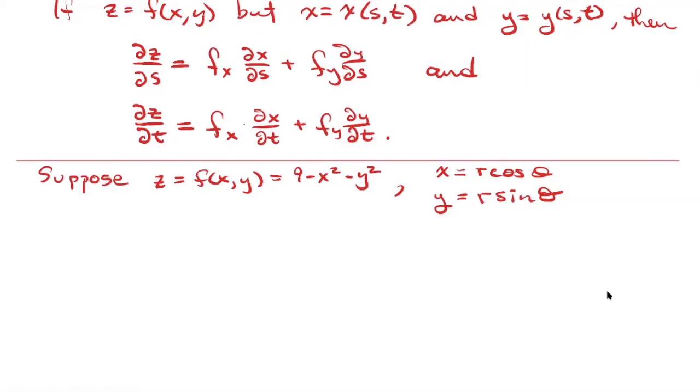So the partial of z with respect to r is going to be f_x times the partial of x with respect to r plus f_y times the partial of y with respect to r. And that's a lot of work to do something that's actually really simple. But we'll go with it. f_x is going to be negative 2x, partial of x with respect to r.